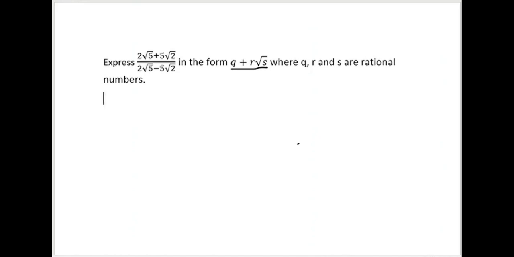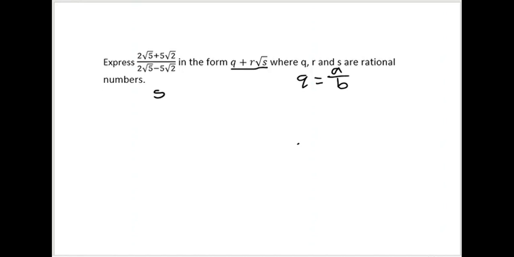That means q, r, and s should be numbers that can be expressed as the ratio of two numbers, let's say a over b. Like we treated in the previous tutorial, rational numbers are numbers that can be expressed as a ratio of two numbers, a over b. So let's solve this example.